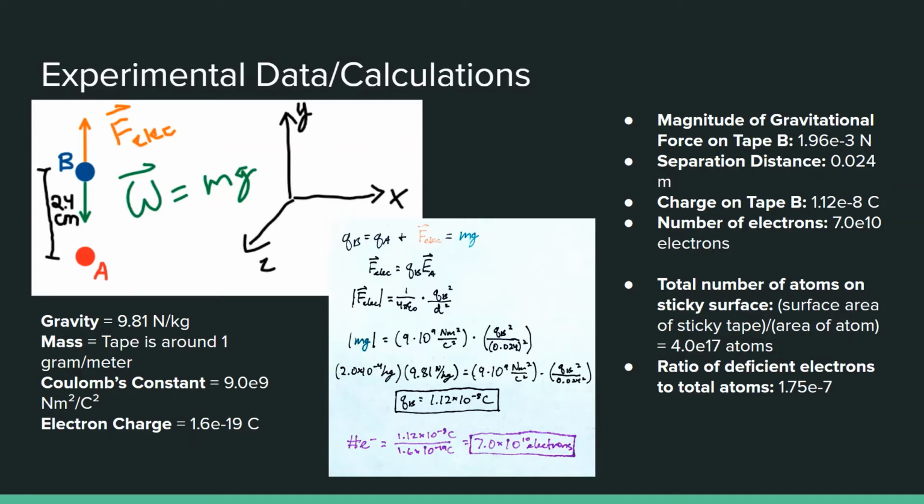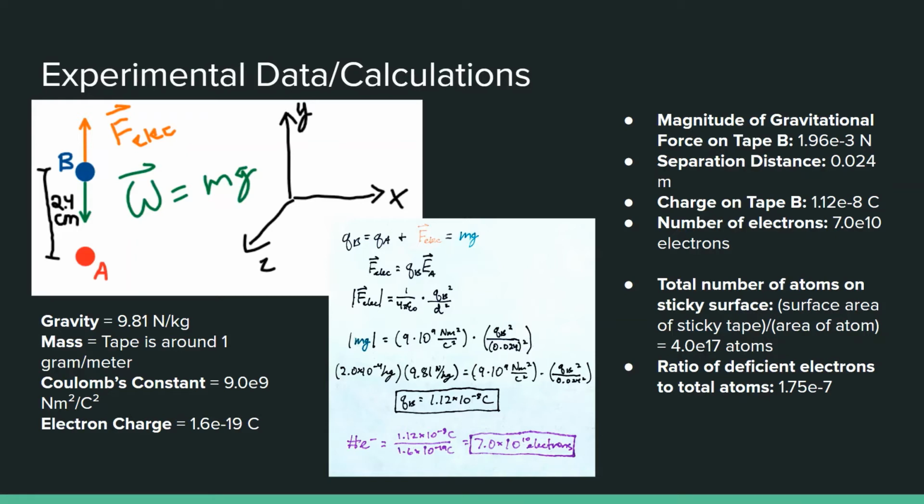Now, in order to perform our calculations to find the actual charge, we could use the electric field of a point charge formula. Substituting the electric force for mg, multiplying Q_B times this formula would give us the constants needed to find the charge of point B.